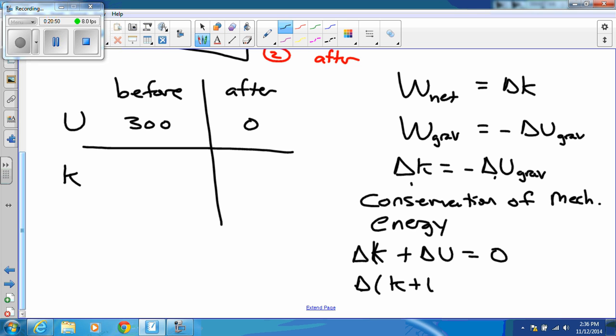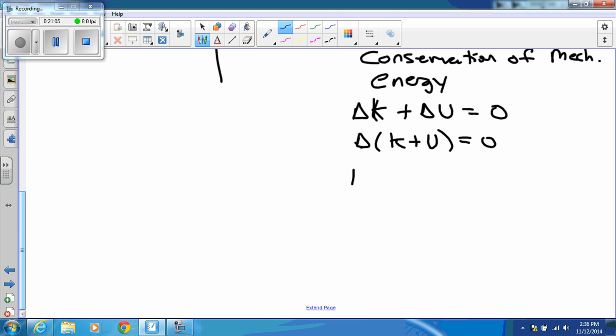Now, change in kinetic plus change in potential can also be thought of as simply the change in the quantity K plus U. And we call K plus U the total mechanical energy of our object or of our system of objects.